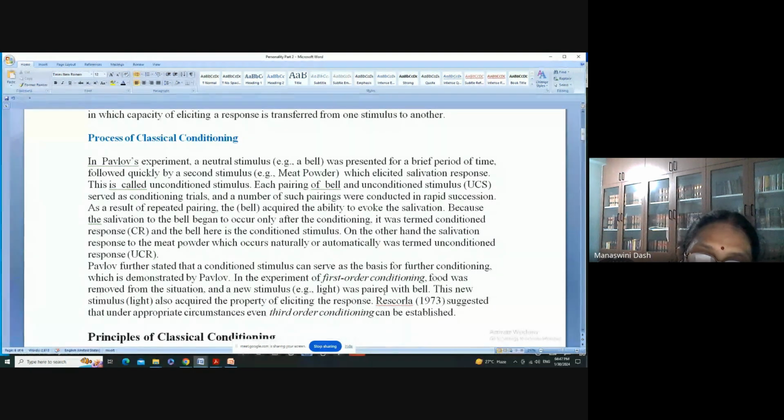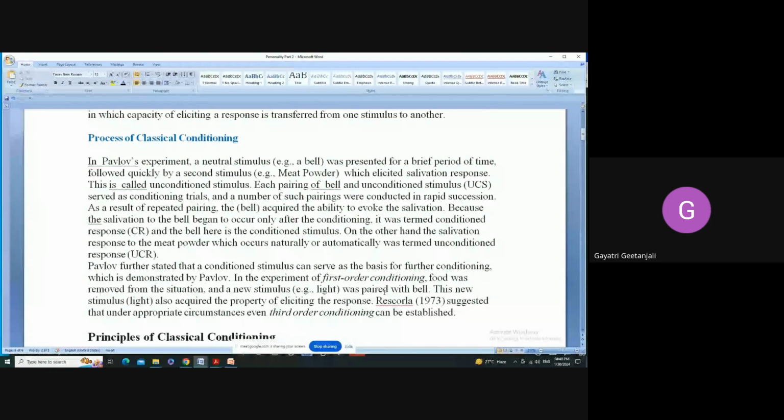And here, when the bell has acquired the ability to elicit salivation, it becomes the conditioned stimulus. Salivation in response to the sound of the bell is called conditioned response. Okay? Yes, ma'am.